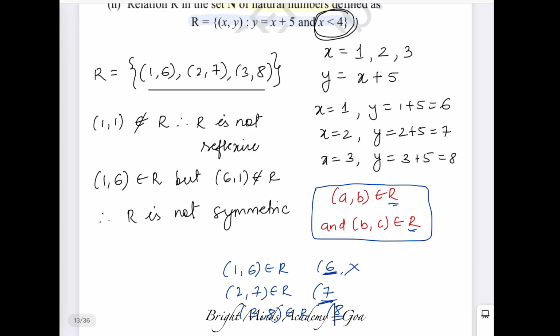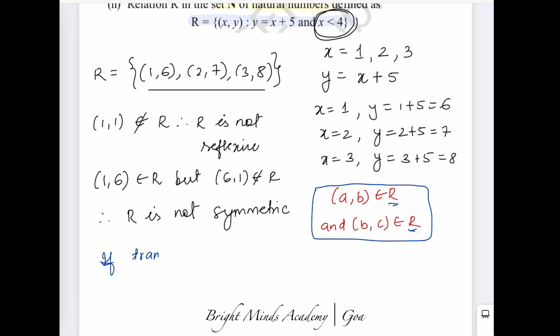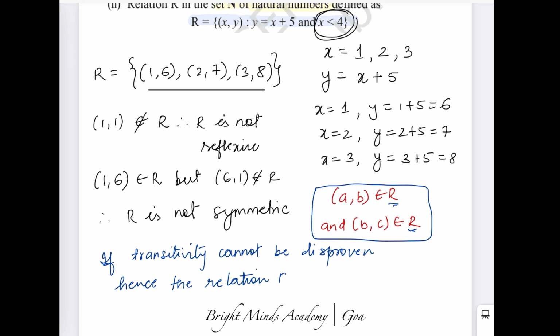So what you can see from here is, since transitivity cannot be disproven, hence the relation R is transitive.